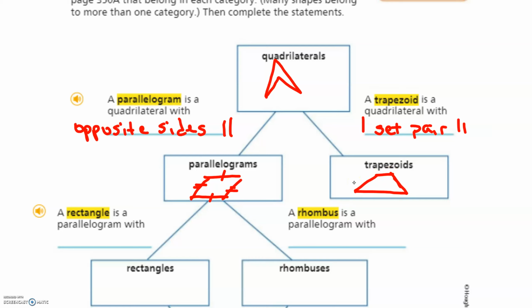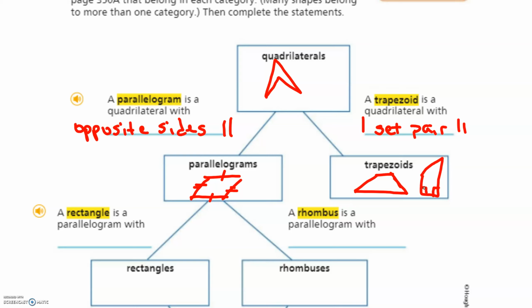So it has one set of parallel sides. Another way you could draw it is like this. This side is parallel to this side, only in this particular case, we have two right angles. So one set of parallel sides, not both sets of sides are parallel.